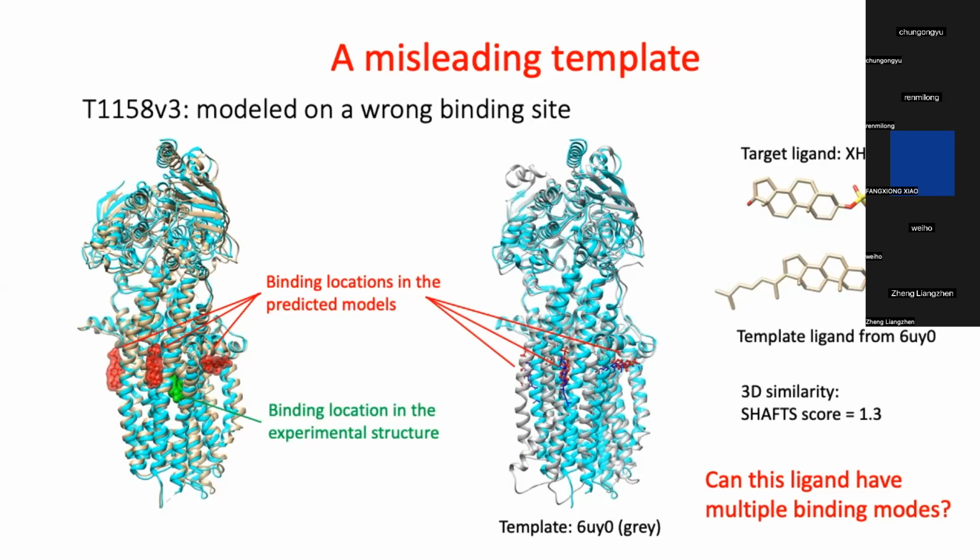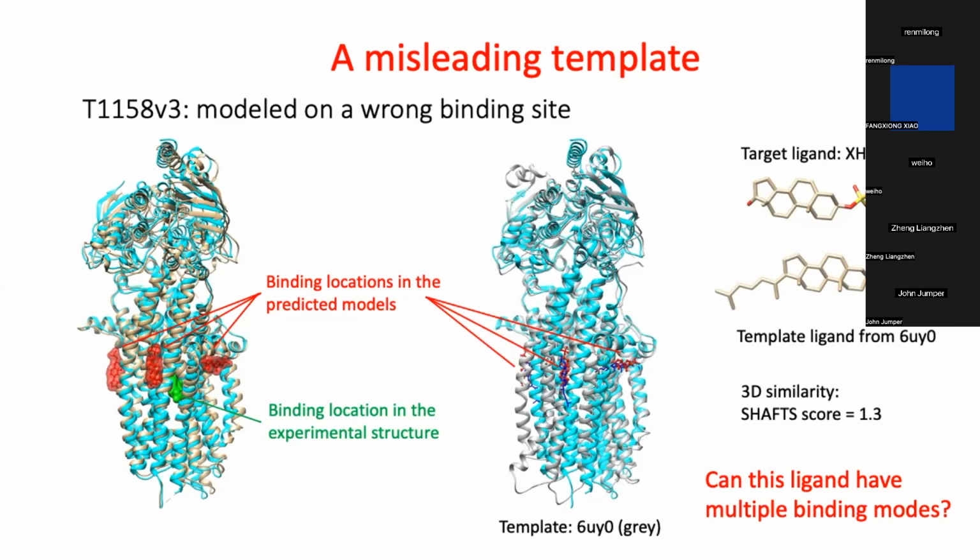Actually, I have this question for Dima, maybe after this you can tell us, because you use multiple probes, right? 16 probes to find possible binding sites. I'm wondering whether, using your probes, you identify these three regions or not. This is also another question for the CASP organizers.